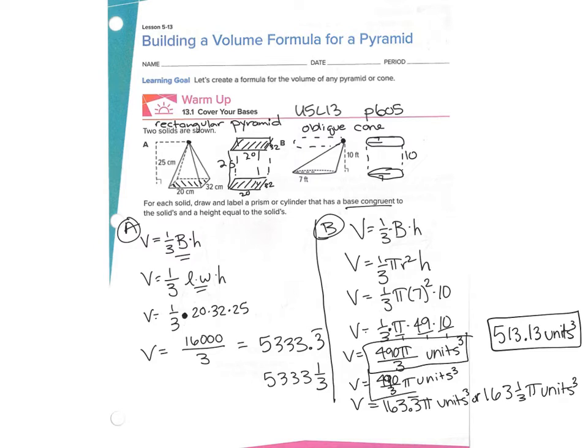All of these are popular ways, if you will, or correct ways to write your answer. None are more correct than any of the others. For me, I am more likely to write my final answer by multiplying by the pi, just being done with it, or not doing any of my multiplication because I'm not really using my calculator, I'm just doing it in my head.